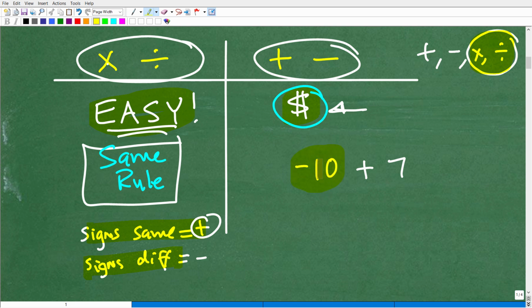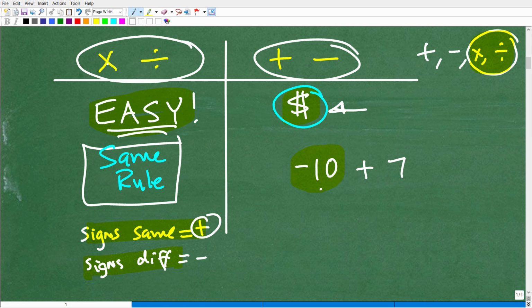So maybe you borrowed $10 from your best friend, and now your best friend comes up to you and says, "Hey, I want my money back. Give me that negative ten, that $10." But you actually have $7 in your pocket right now. So if you gave your friend your $7, what do you still owe them?